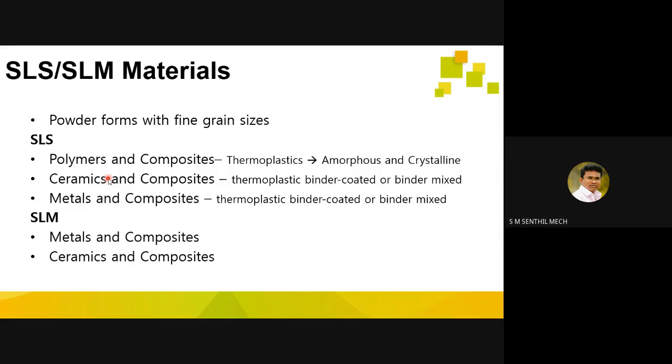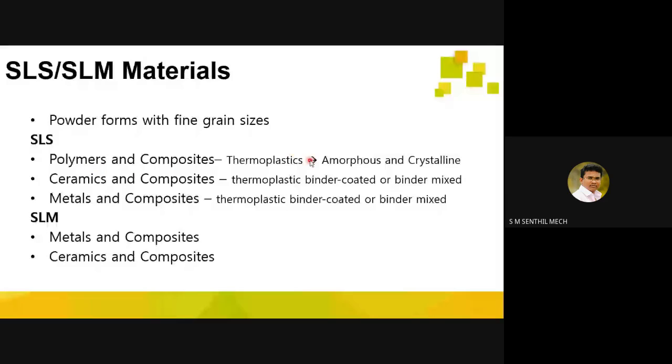When you're talking about sintering, we'll be using polymers, ceramics, and metals, with polymers, ceramics, and metals all in the form of composites. All these three choices are possible in selective laser sintering, but the most commonly used type is polymers. Polymers will use only thermoplastics.